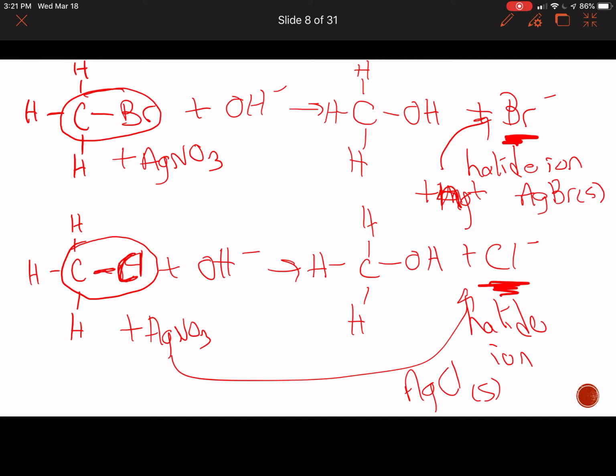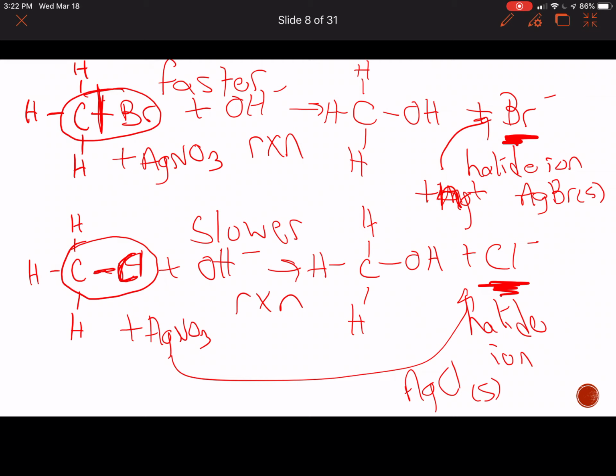So you would notice that the C-Br bond would be the one to break first, which means you would form AgBr first, so this would be the faster reaction, and the chlorine one would be the slower reaction. Believe it or not, when comparing bromine and chlorine, chlorine is usually used in most labs because, albeit it is a slower reaction, it actually produces a greater yield of product, meaning that although the reaction is slower, it is more thorough in terms of making the right product.